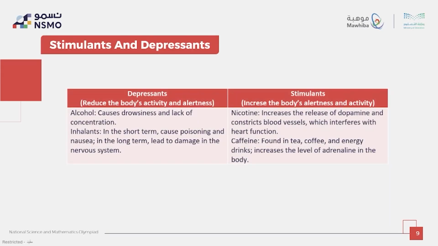Now that we have explored the structure of the neuron and how the nervous system works, both somatic and autonomic, let's see how certain substances can influence this delicate system. There are two main categories, stimulants and depressants.